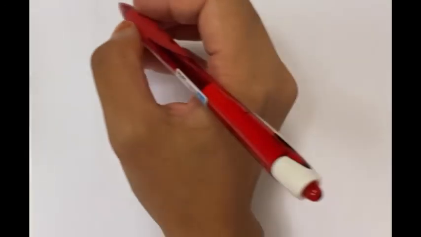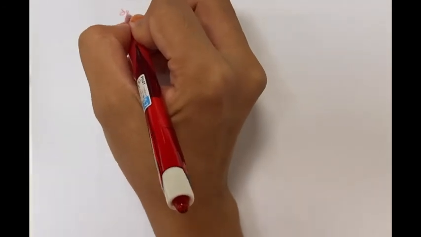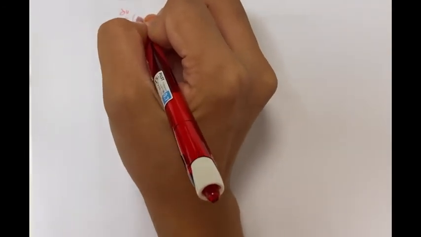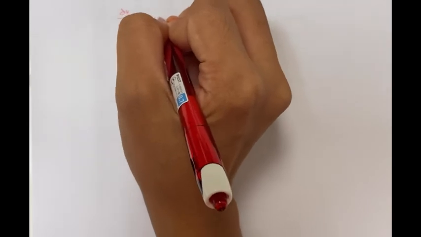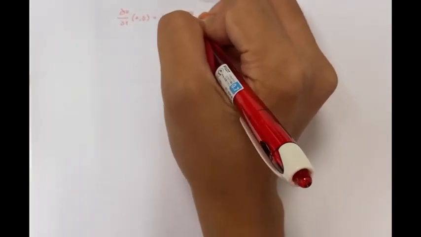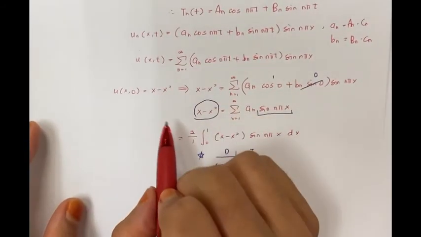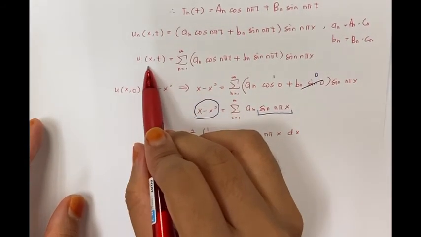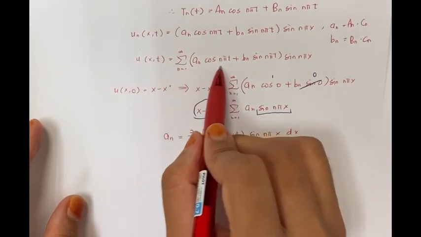We have the second initial condition, which is del u over del t. When t equal to 0, it is equal to 2. So meaning that you need to find what is del u over del t. You need to differentiate your u(x,t). Okay, differentiate this term.